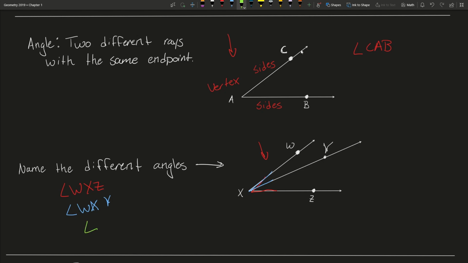And then we have angle YXZ, which is the bottom angle. Again, the vertex is always going to be the middle part when referencing an angle. You can switch, so YXZ can be considered ZXY, but the same thing is true. The vertex has to be the middle letter.